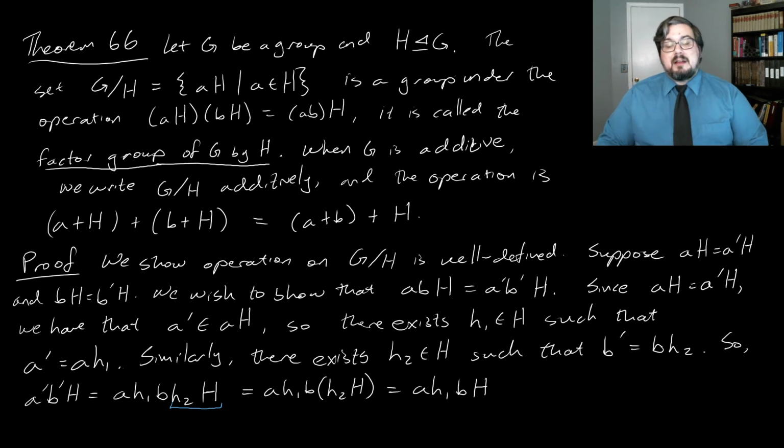So the coset H2 times big H is just the coset big H back because H2 belongs to H. Now we have A H1 B times H. Now here's where we use the fact that H is normal. And it's at this point that the whole process would break down if H were not a normal subgroup of G. We get that AH1 HB is another way of writing that down, and that's because BH and HB are equal.